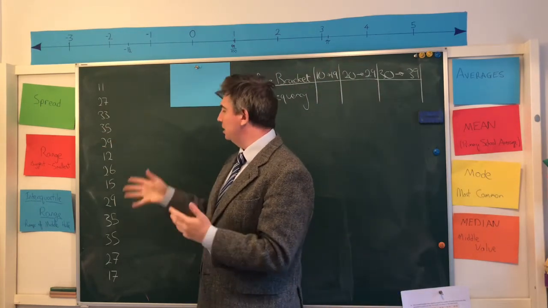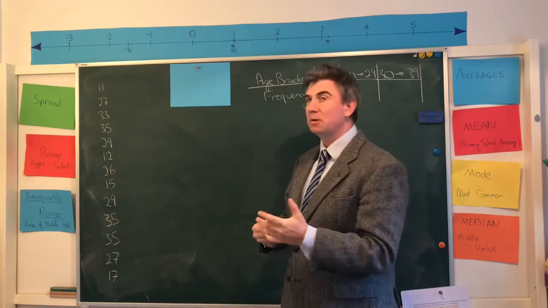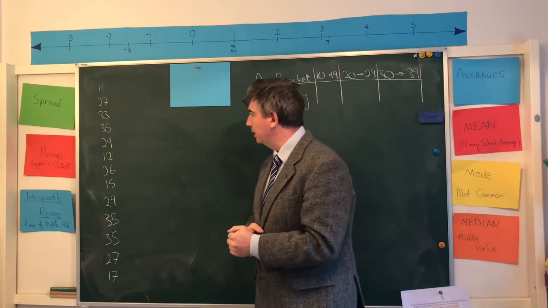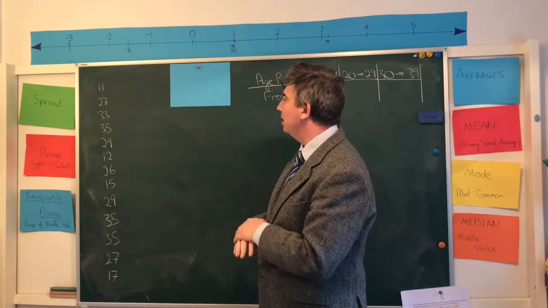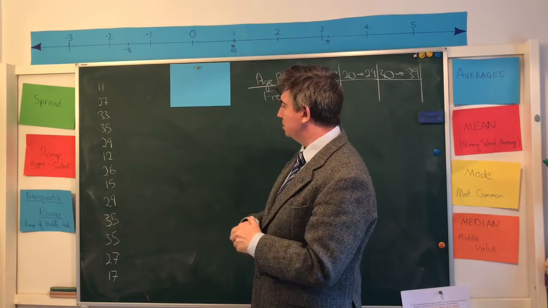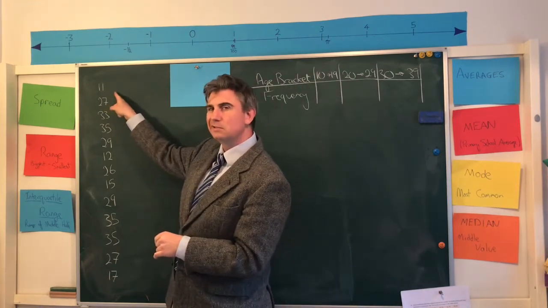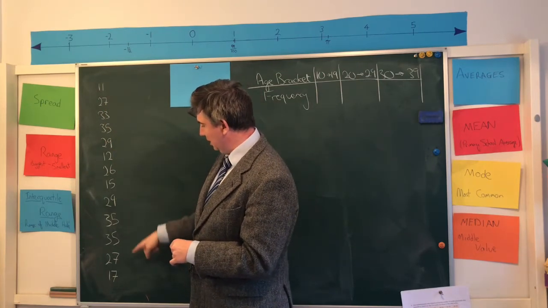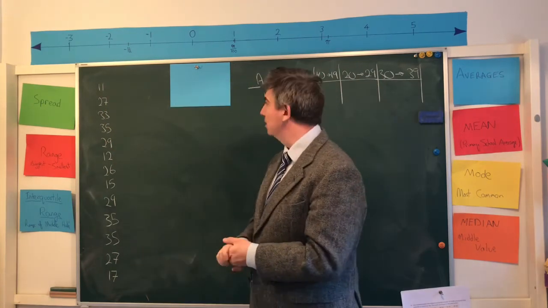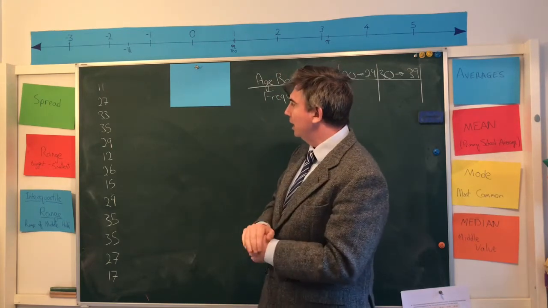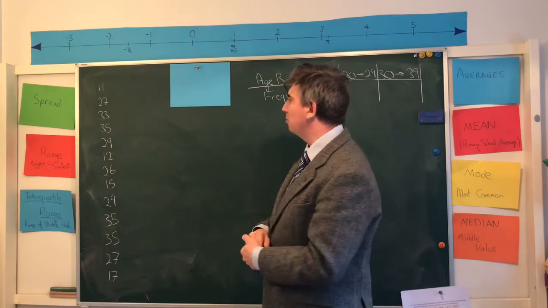So let's say these were the ages of humans at a birthday party or something, okay? And there were a number of teenagers. So this guy here, is he a teenager? I don't know. 11, okay? 11, 12, 15, and 17. So there's a number of teens, or people who are between 10 and 19. And there are a number of people who are in their 20s, and there are a number of people who are in their 30s.